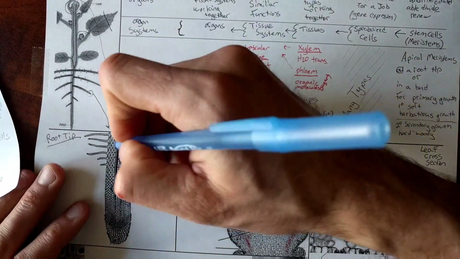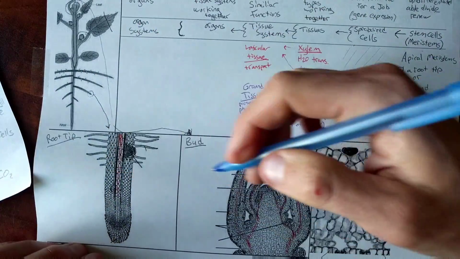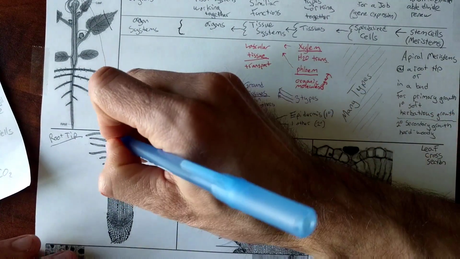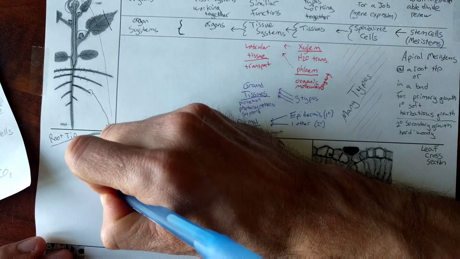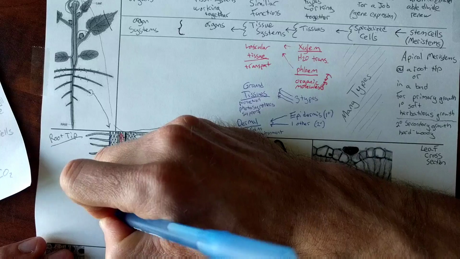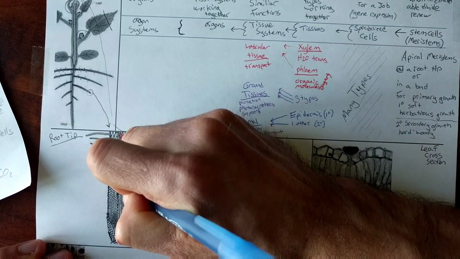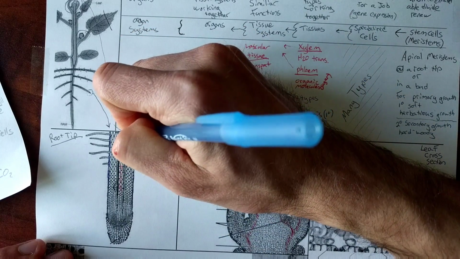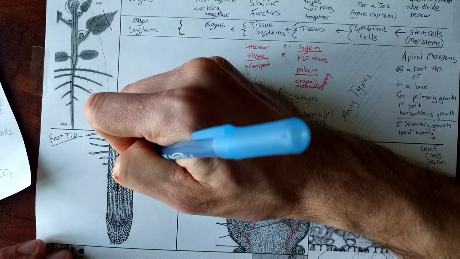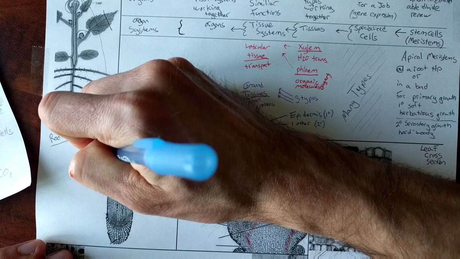I'm going to do dermal. So all of this is showing primary growth. So dermal is your epidermis, your dermal tissues, that outer layer. One cell layer thick, and it includes these root hairs.